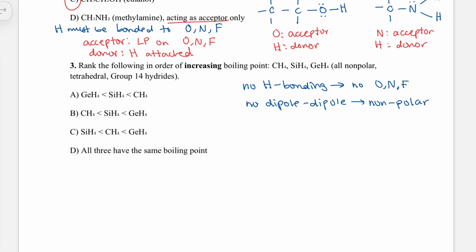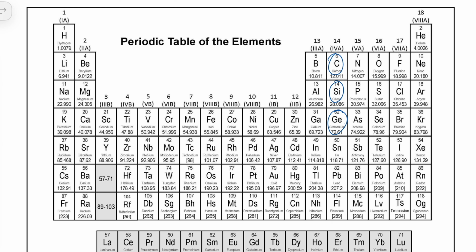So molecular mass, these all have 4 hydrogen atoms, so the only thing that differs is C, silicon, and germanium. So we just have to look onto our formula sheet and make note of which one is going to be heavier than the others. So germanium is here, silicon's here, and carbon's here. So germanium's the heaviest, then silicon, and then carbon.